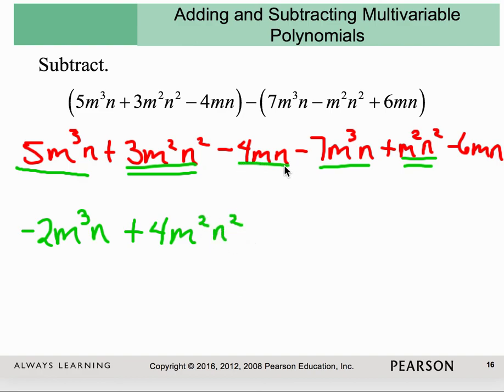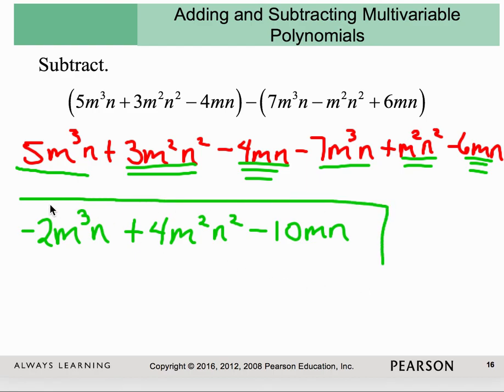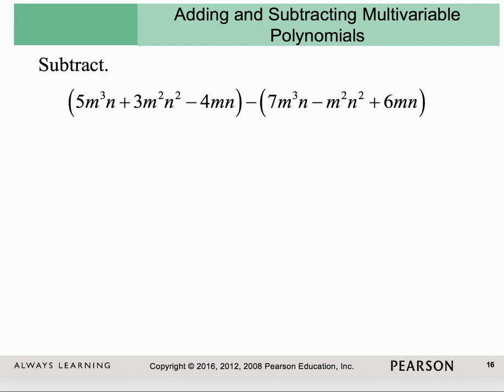Okay, now just plain mn. Minus 4, minus 6, so minus 10 of those mn things. Perfect. Adding and subtracting polynomials. Okay, let me know.